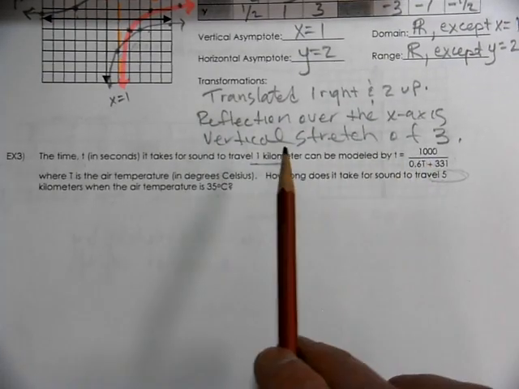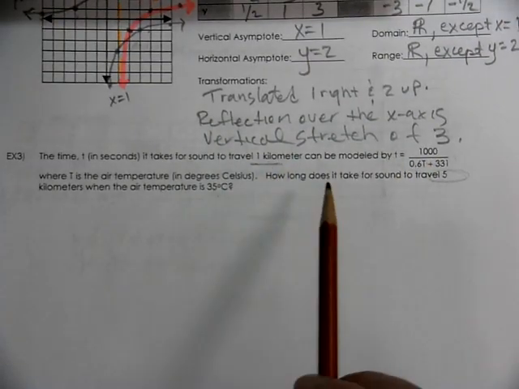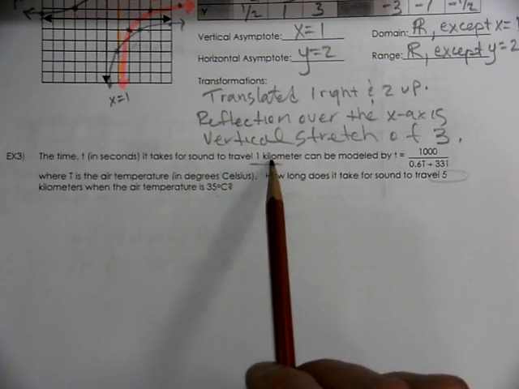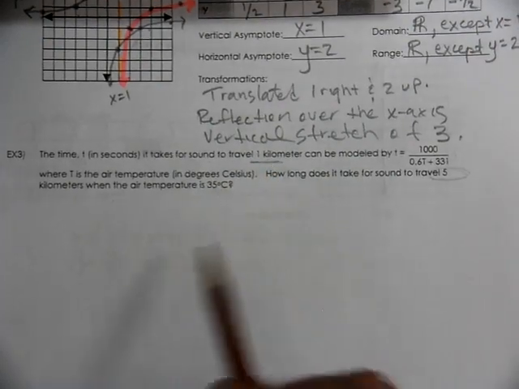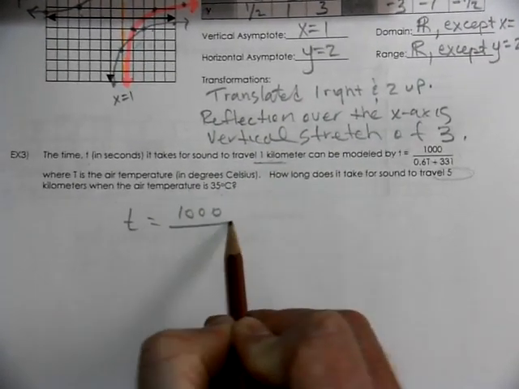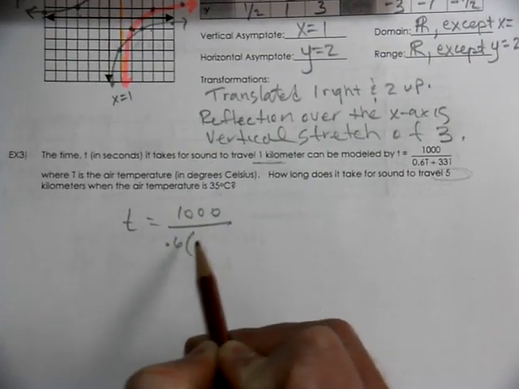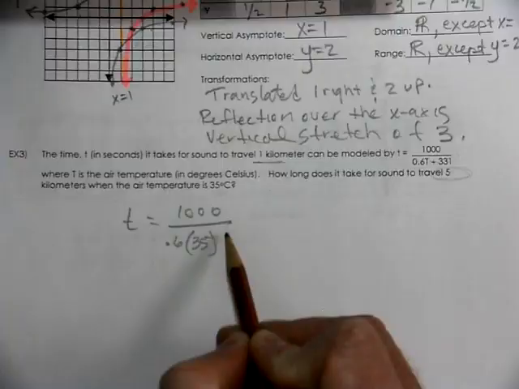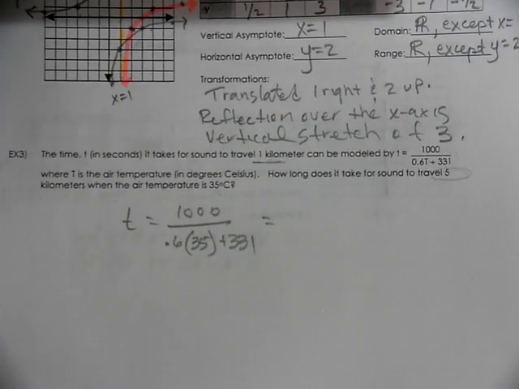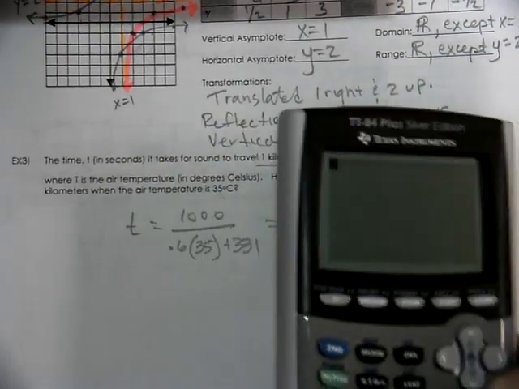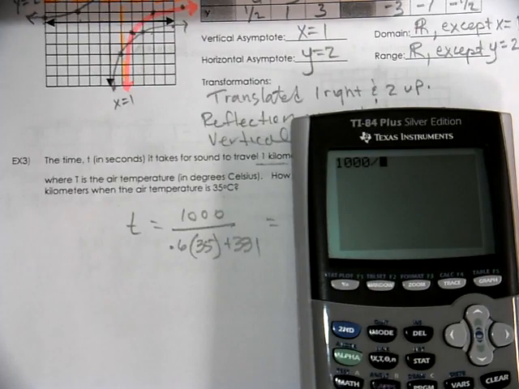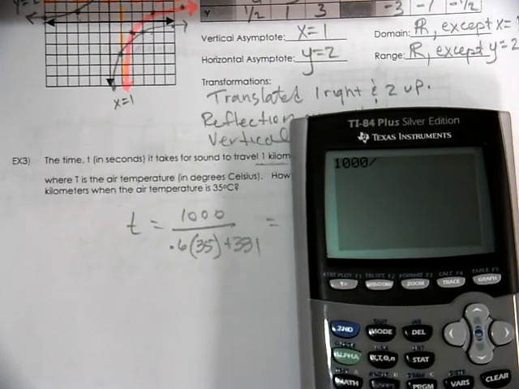If this is a formula that sound travels when the air temperature is 35, it travels 1 kilometer at 35 degrees. 1000 divided by 0.6 times 35 degrees Celsius plus 331. This would be a calculator type question. We're showing our work. Divided by, now you need to be careful here.